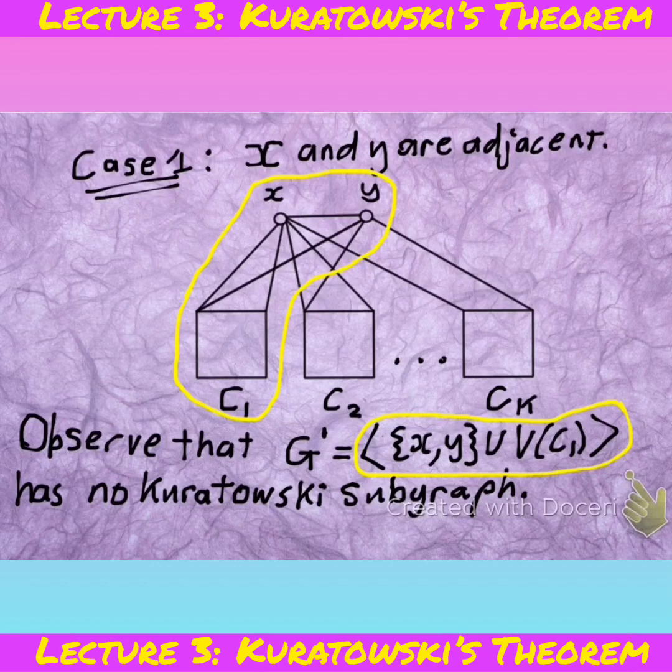Now that subgraph obviously has no Kuratowski subgraph because G doesn't have a Kuratowski subgraph. And also note that G prime is smaller than G. So how did we choose G? G is the smallest graph that has no Kuratowski subgraph but is non-planar. Therefore, any proper subgraph of G is going to be planar, because G is minimal with respect to that property.